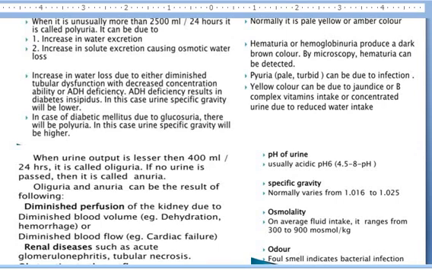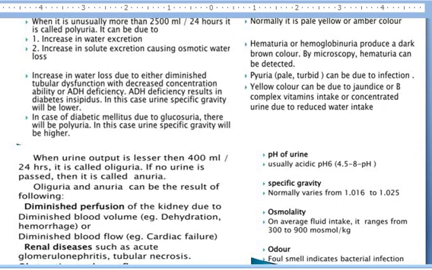Then apart from the volume, next we have to know the normal color. Usually normal urine will be pale yellow in color. Yellow is also called amber. When the color differs extremely from this normal one, for example dark brown, it may be because of the presence of blood in the urine, or pale, that is very less in color, because of pyuria due to infection.